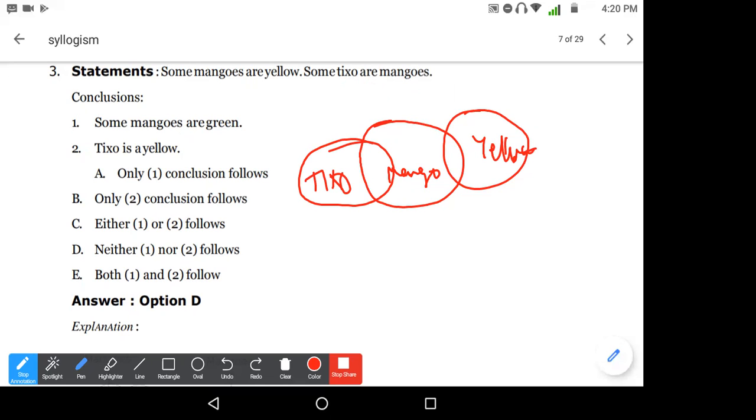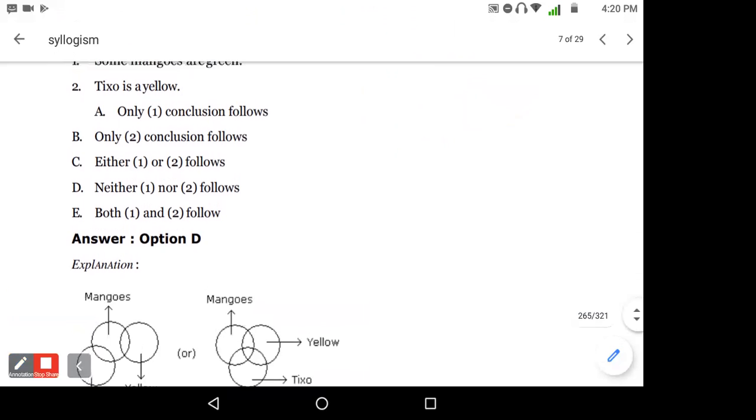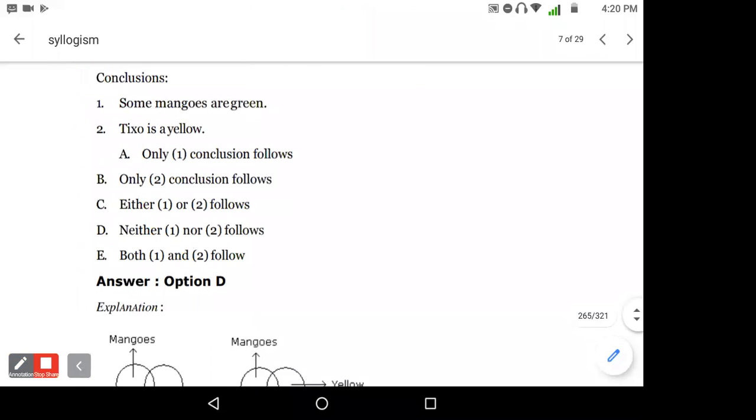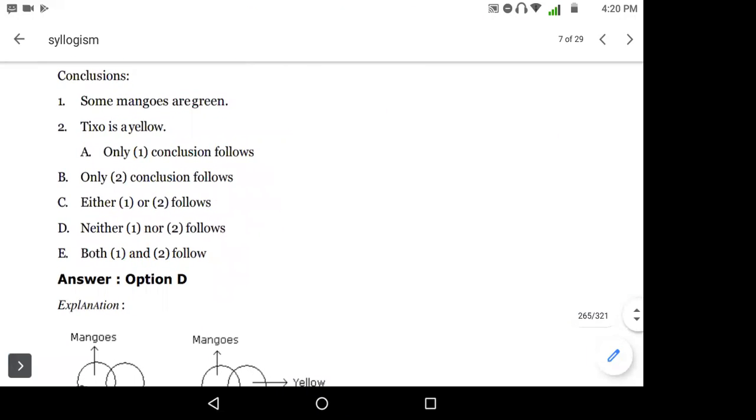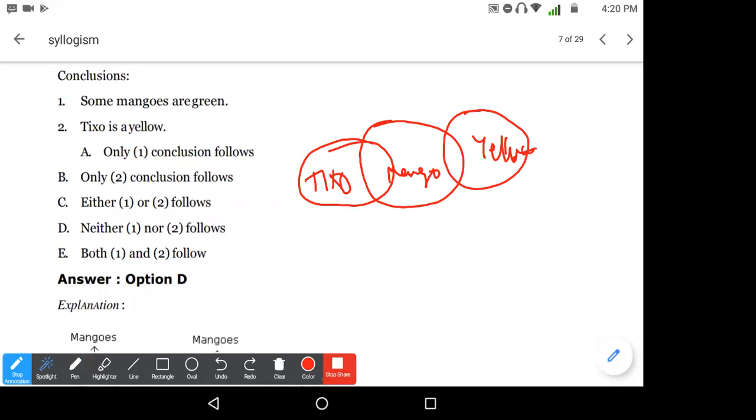Fine. So let's see the conclusion. Now the conclusion is some mangoes are green. Some mangoes are green. Tixo is a yellow. So they're saying some mangoes are green, maybe. Because only some mangoes are yellow, so some mangoes may be green. Possibility.